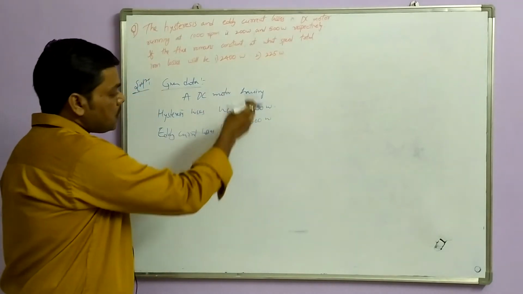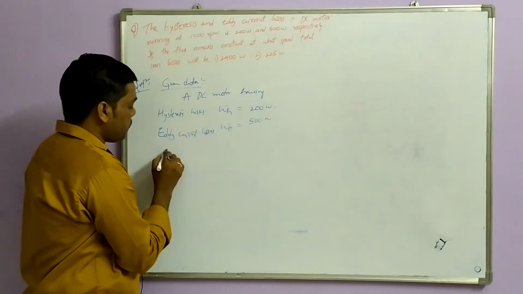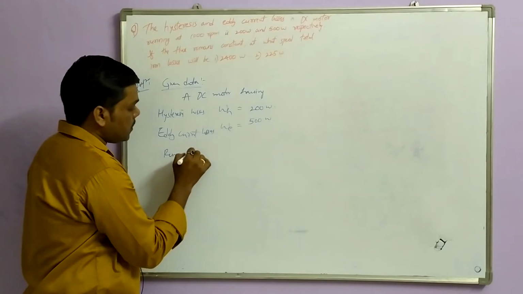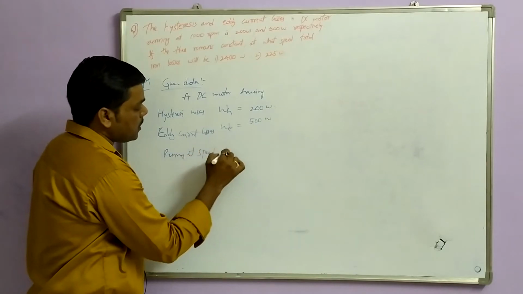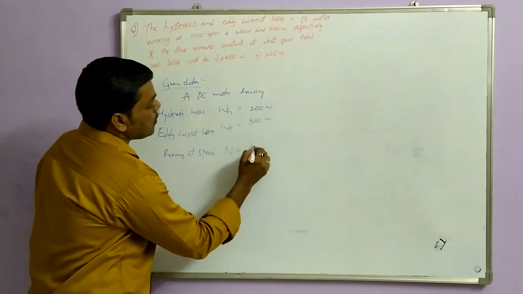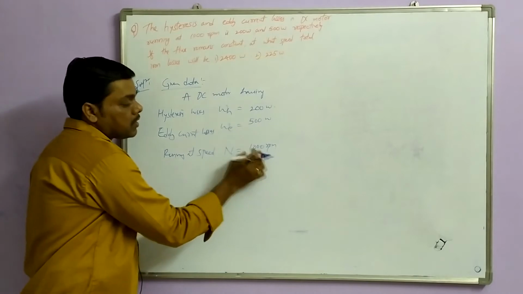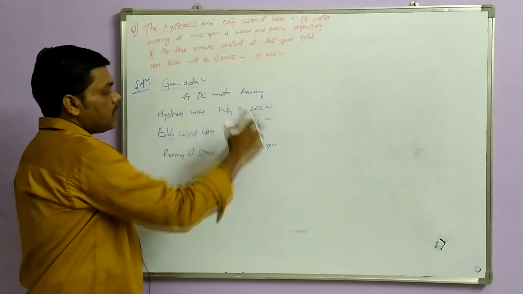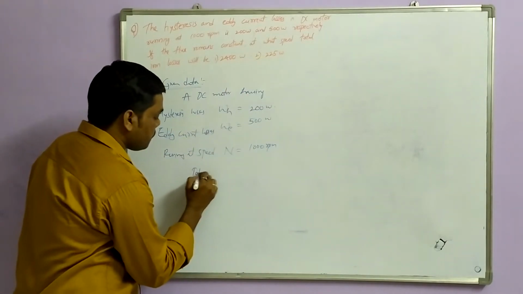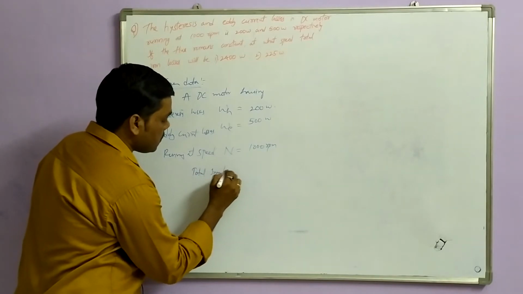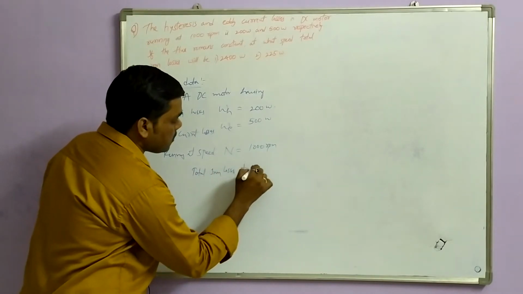Now both these losses are at running speed N equal to 1000 rpm. Now these two losses are occurring at 1000 rpm. Then what are the total losses? Total iron losses at 1000 rpm.